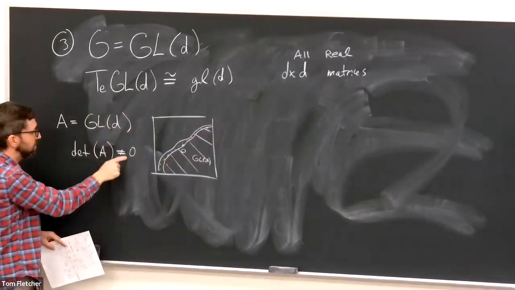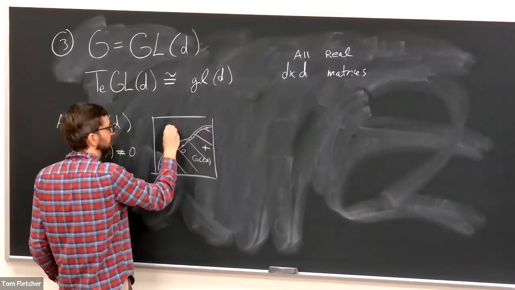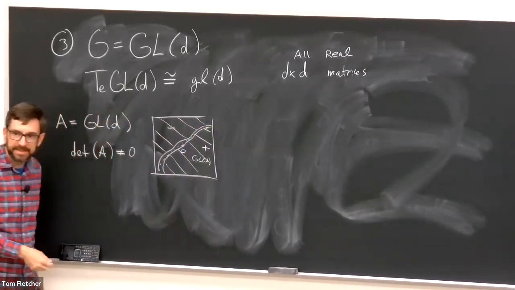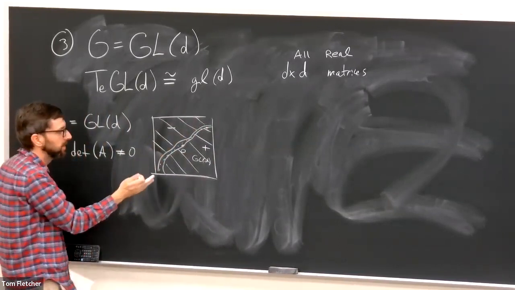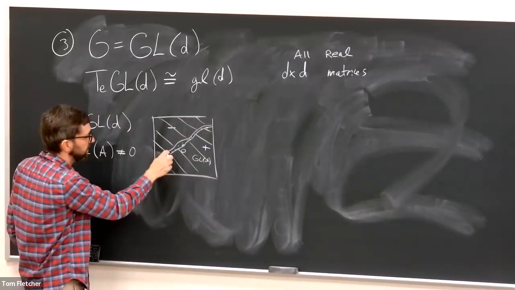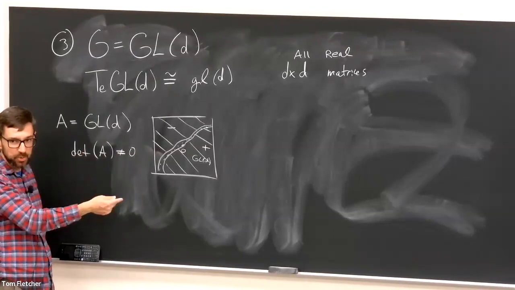The determinant equal to 0 is the boundary between positive determinant matrices and negative determinant matrices. Both of these subsets are in GL(D), separated by the determinant equal to 0 matrices, but that's a lower dimensional subset. It's one dimension lower, because you have one dimension of constraint, determinant equals 0.